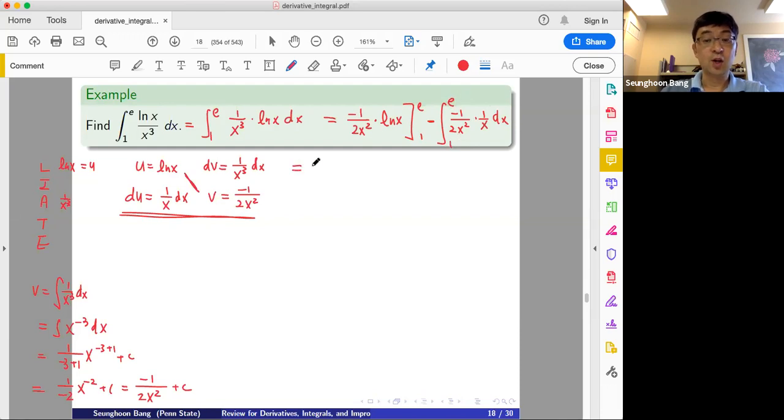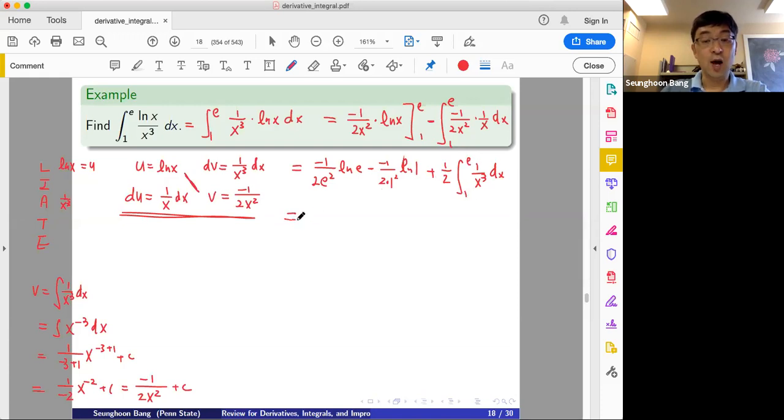So next, you plug e into x: negative 1 over 2 times e squared ln of e, minus negative 1 over 2 times 1 squared ln of 1. Change to positive: plus 1 over 2 times the integral of 1 over x cubed dx from 1 to e.